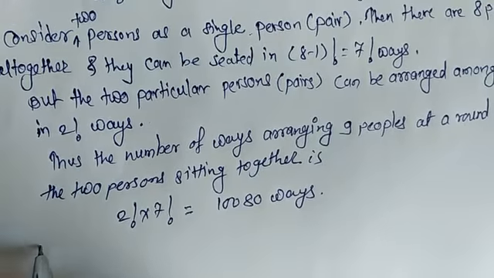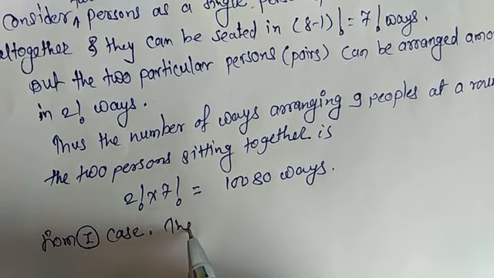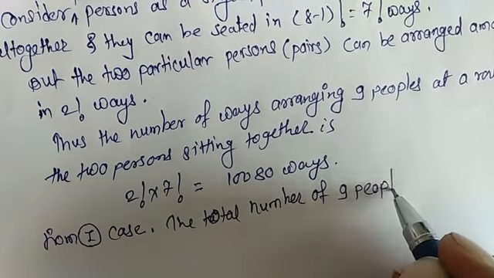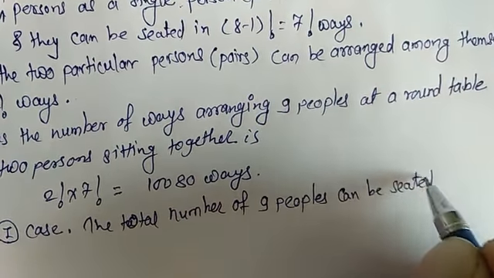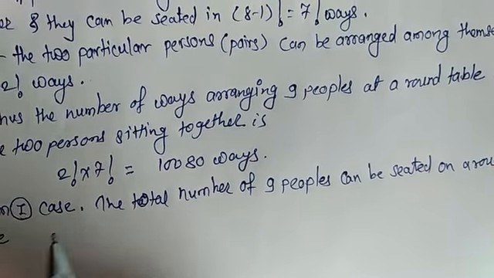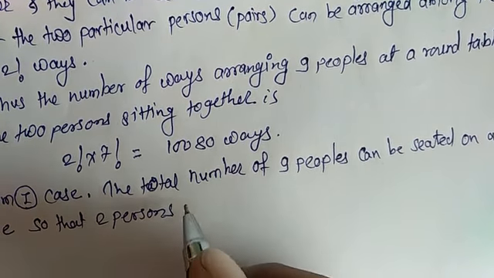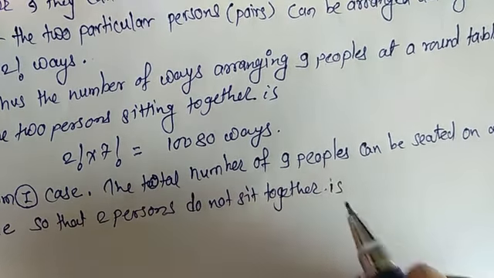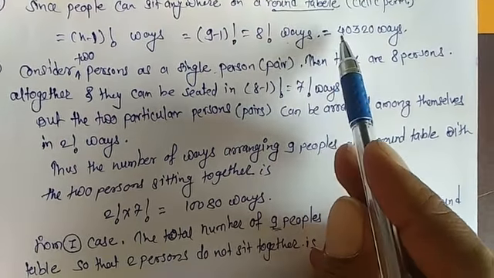Okay, now from the first case, the total number of ways 9 people can be seated at a round table so that 2 persons do not sit together is equal to, now, the total number of ways people can sit at a round table, 40320 ways.